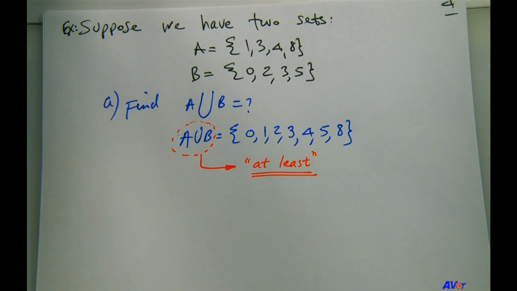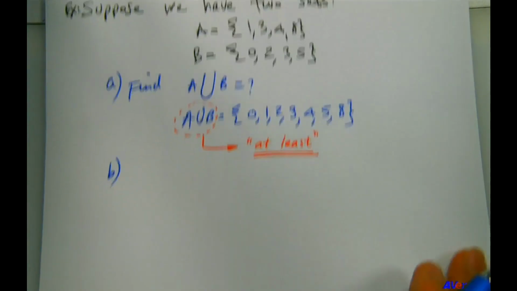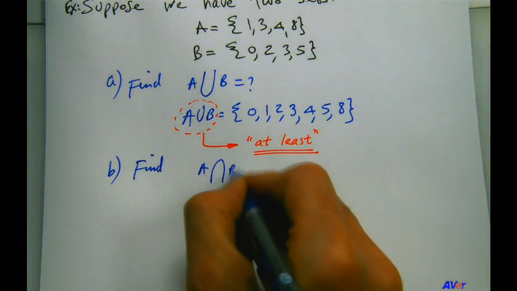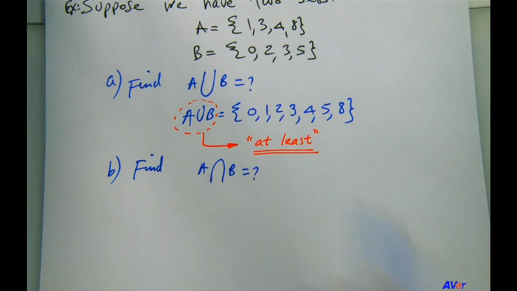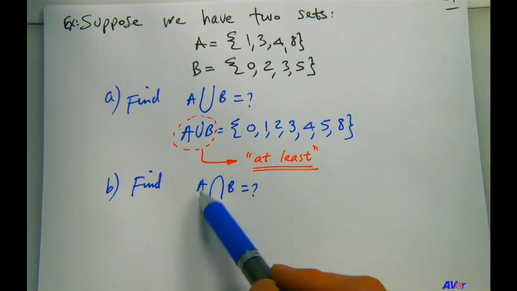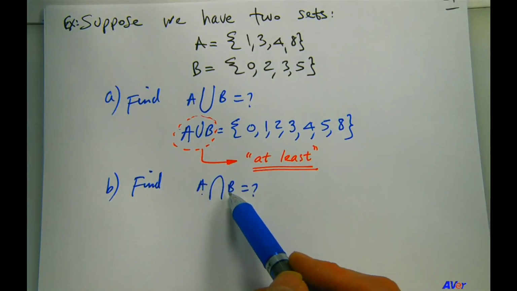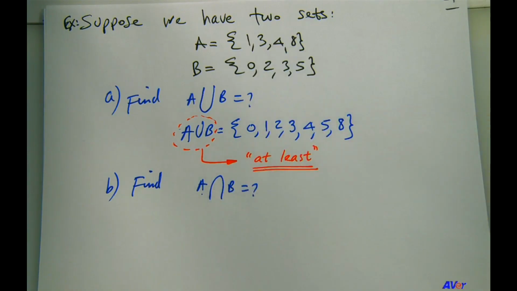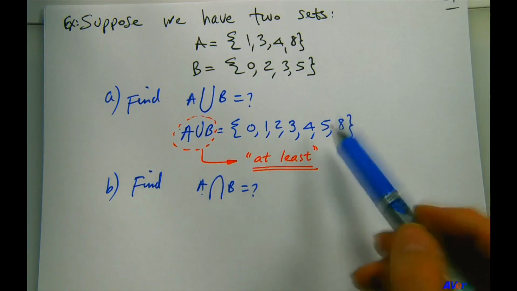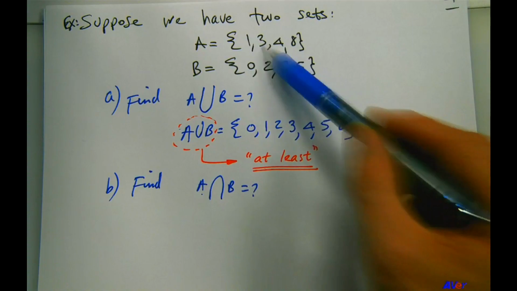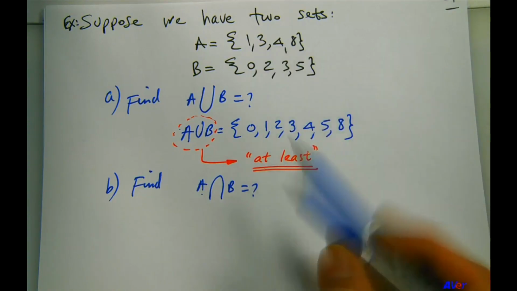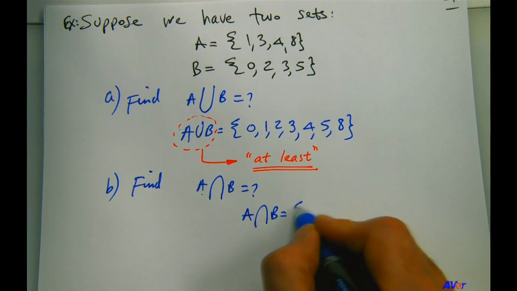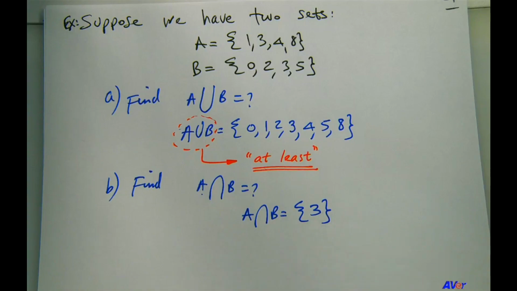Okay, and then part B, let's say they're asking us to find A intersection B, right? And we just mentioned that this A intersection B are any elements that are common to both A and B, right? And of course, in this case, that would be 3 is the only element that is common to both sets. So A intersection B is equal to just 3.